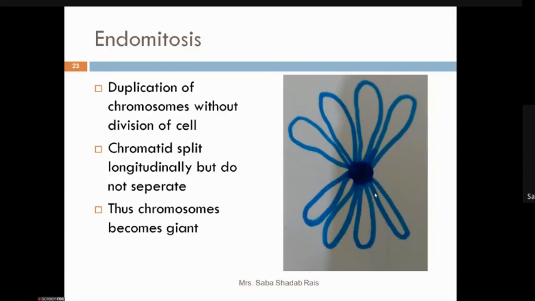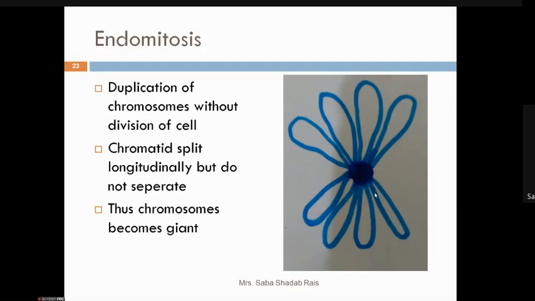So for getting more and more quantity of protein, we require more and more copies of the genes, so that very fast transcription and translation take place and we get an abundant quantity of protein. For that reason, in the developmental stages of certain organisms, such giant chromosomes are formed.